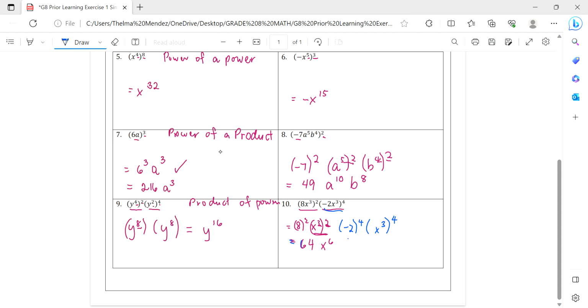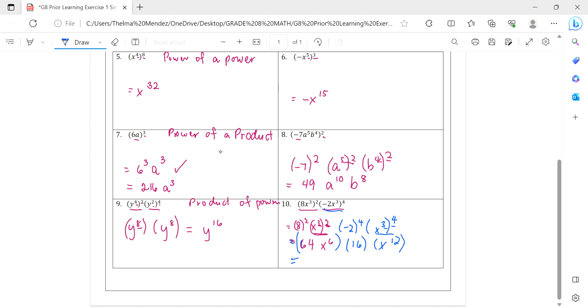Negative 2 raised to 4. How much is that? So this is one term. Negative 2 times negative 2 times negative 2 times negative 2 becomes positive 16. And then we do this, power to a power. So this is x raised to 12.